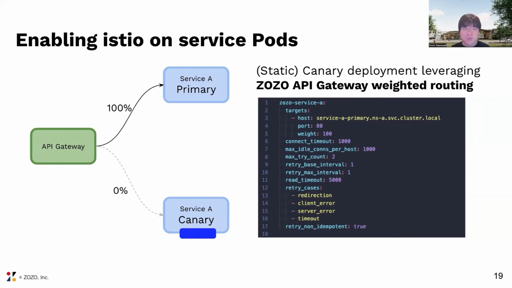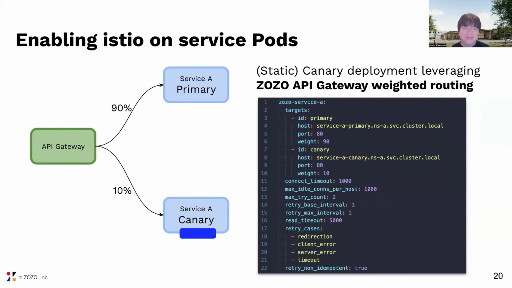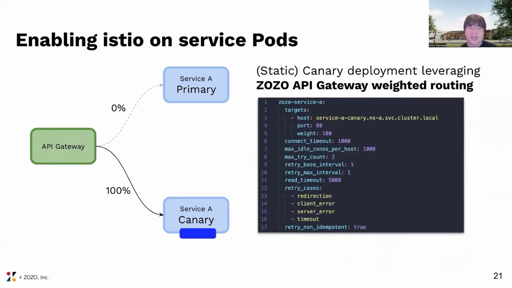At this time, we configure it to route all traffic to the existing service A. The YAML file on the right side is the manifest to define API gateway routing. Then we gradually increase the traffic weight to the new service A by applying a new routing manifest. That's how we enabled Istio on all microservices pods.